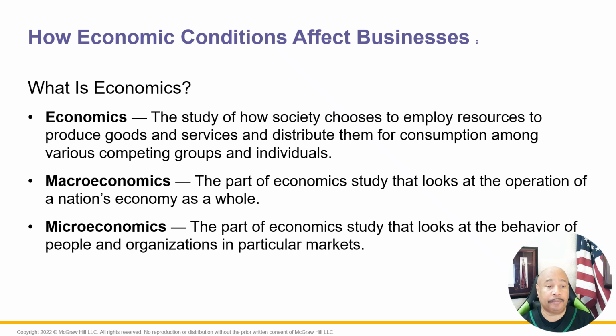And then microeconomics is the economic study that looks at the behavior of people and organizations in particular markets. So you've got macro, looking at the overall operations of a nation's economy, and then you look at individual markets. You look at how behaviors, okay? We're talking about the stock market. We're talking about, let's say, startups, entrepreneurships. What's happening? So we're looking on an individual basis.